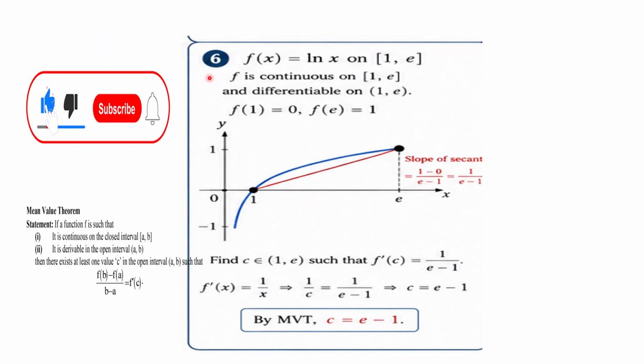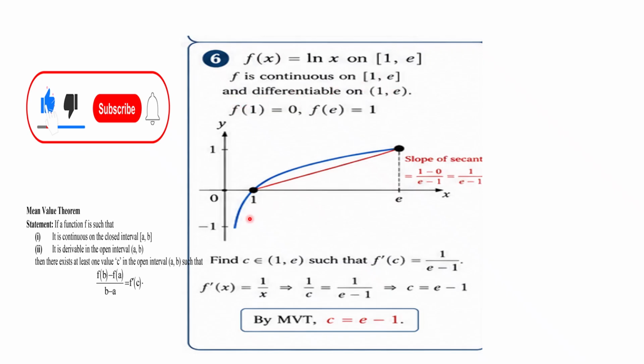By the mean value theorem we have to find c. So f of x is ln x on the interval 1 to e, this is the graph of log x. In the graph there is no disturbance, no jumping, no cut, so therefore f is continuous on 1 to e.